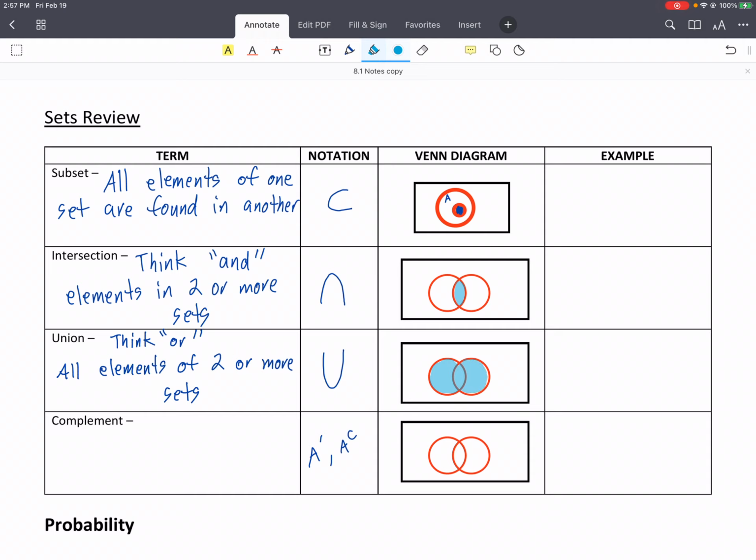Okay, and then complement is any element in the universal set not in the designated set.